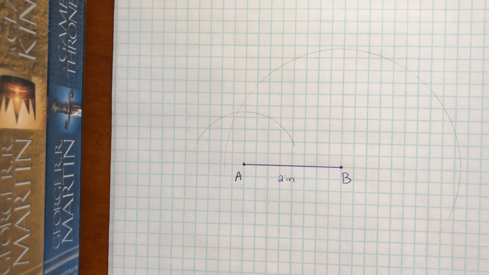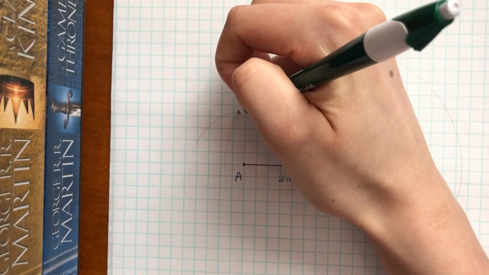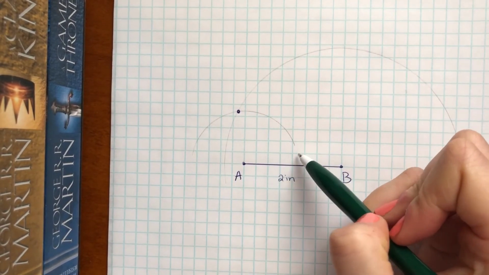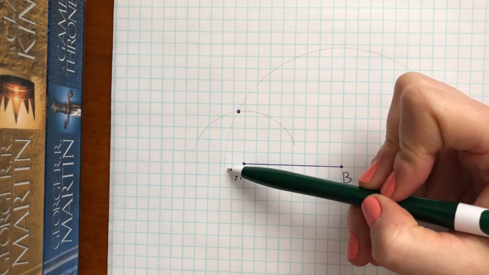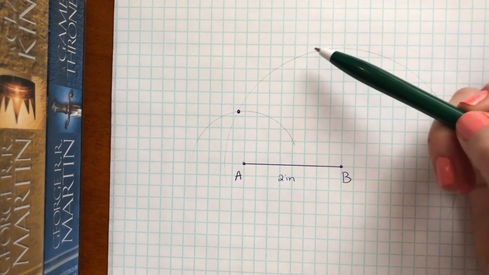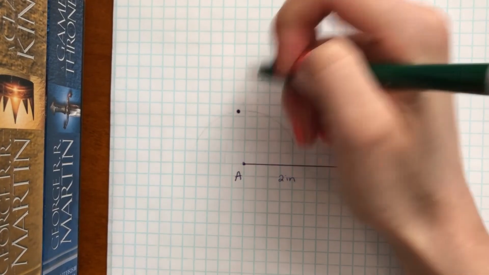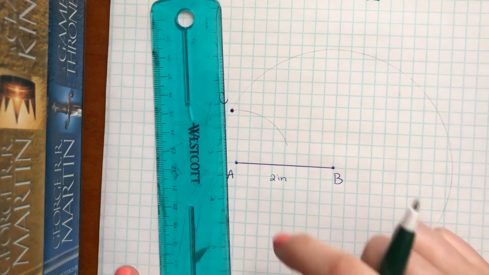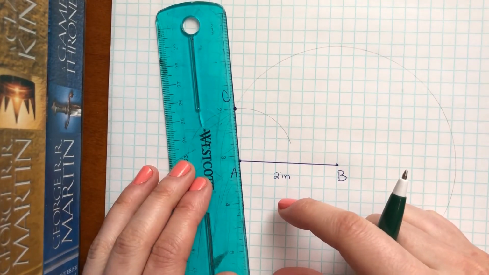And they intersect. So this point right here should be both 1 inch away from A, because it's on that arc, and 2.5 inches away from B, because it's on that arc. So this point here should be point C. And I can draw in my triangle.